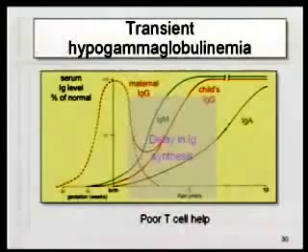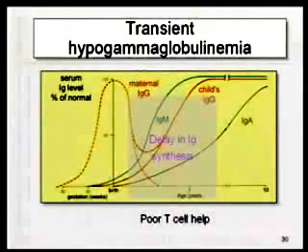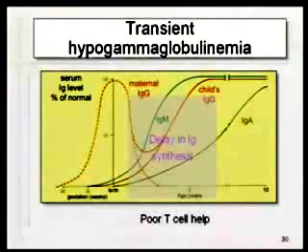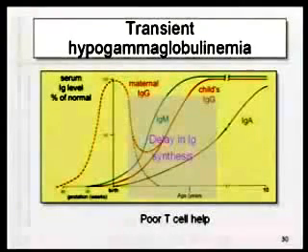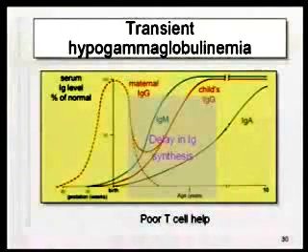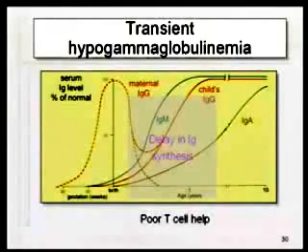Okay, the transient hypogammaglobulinemia is a condition that is seen in a certain window in child development. If you remember from Dr. Mayer, he told you that newborns have a full complement of immunoglobulin, but only IgG. IgG is the most abundant immunoglobulin, and they have a full complement of maternal IgG. They do not have any IgM and IgA, which they develop later on.